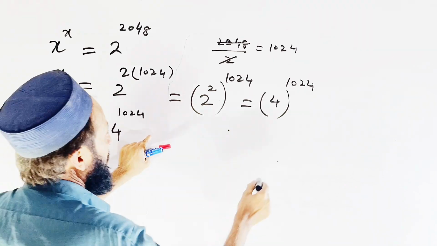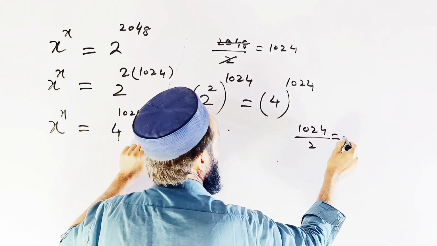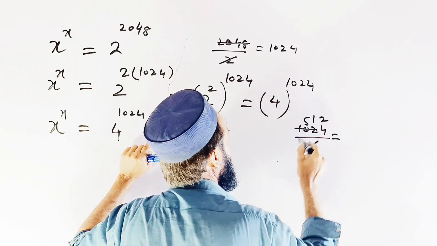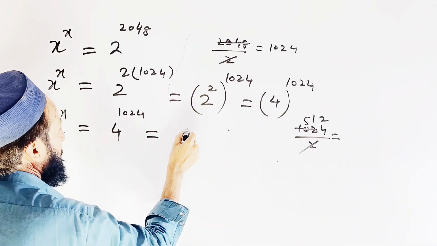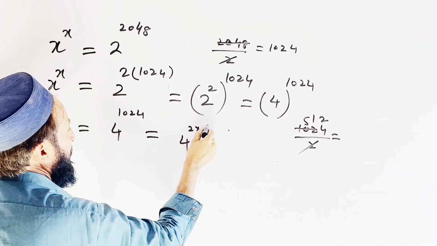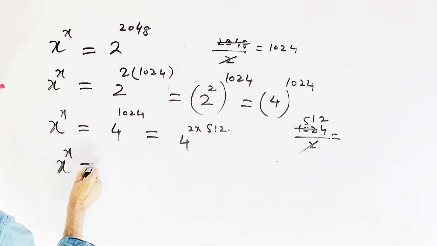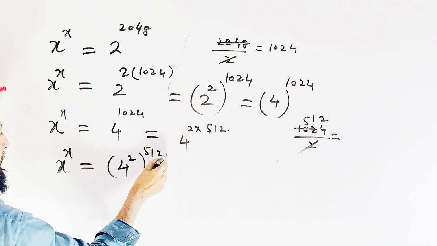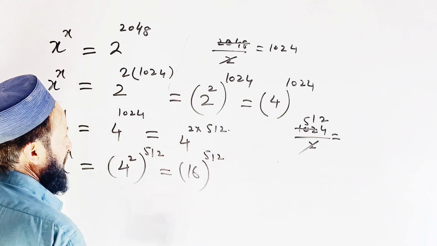Now again, 1024 divided by 2 gives 512, so we can write 4 squared and 512. This will be 16 to the power 512.